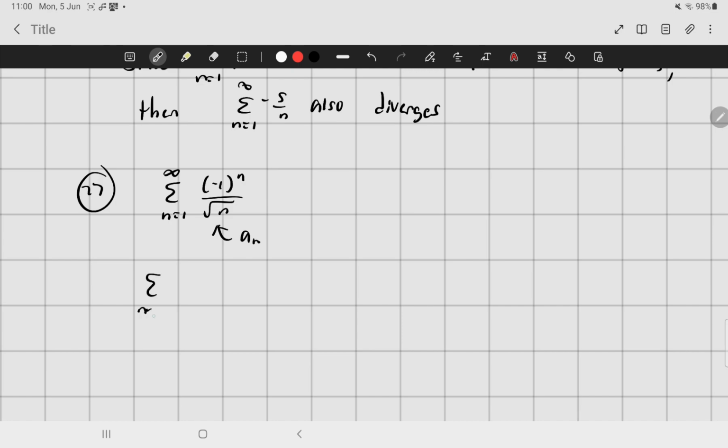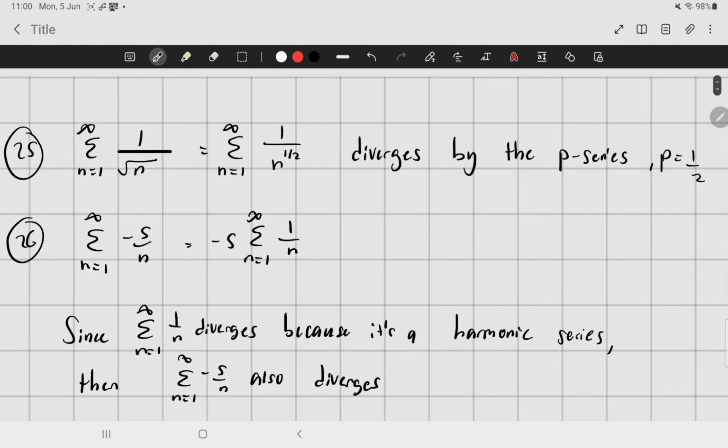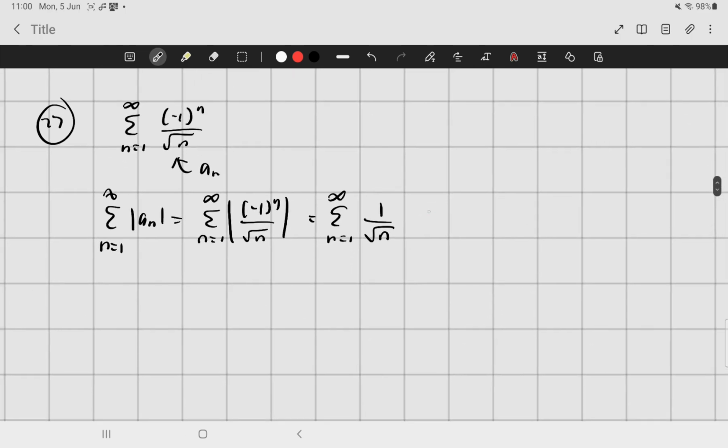When we put the absolute value, the negative 1 to the power of n on the numerator we can get rid of, and we can get rid of the absolute value as well. We are left with this. Previously, we discussed that this diverges by the p series. So this diverges.